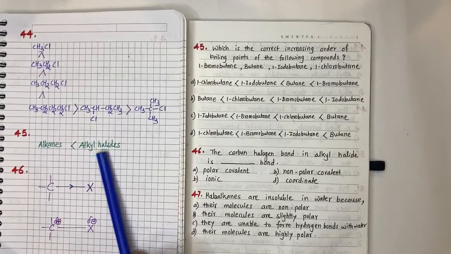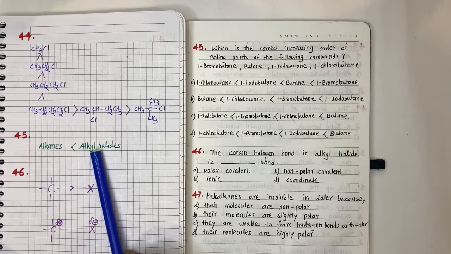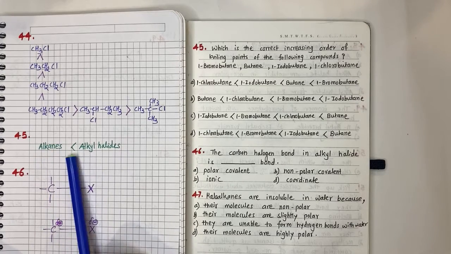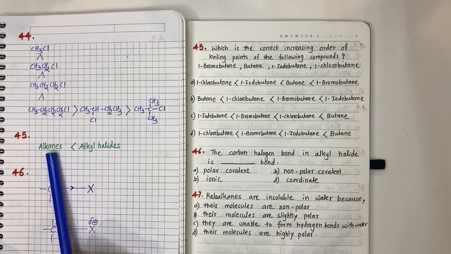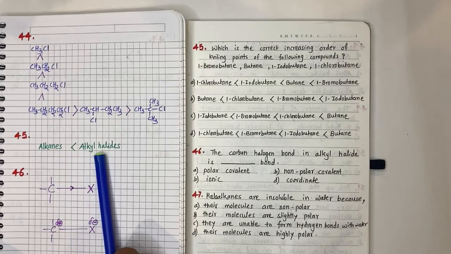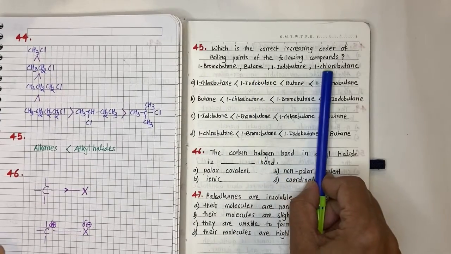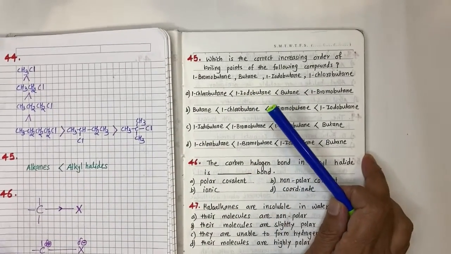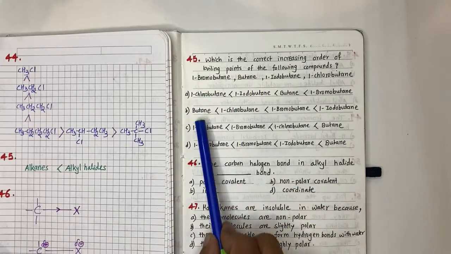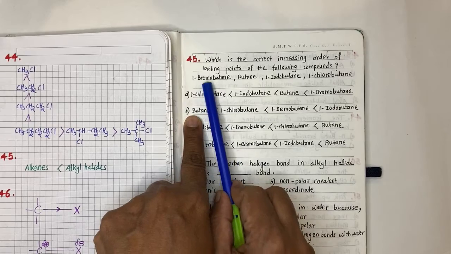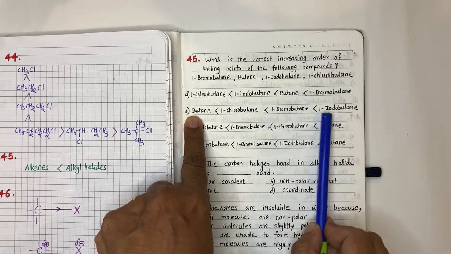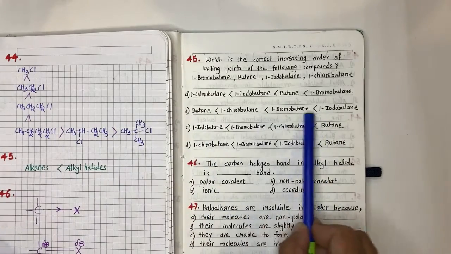Alkyl halides have higher boiling points than the corresponding alkanes due to more mass and more polarity. Therefore, in these four, butane has the lowest boiling point. Now find out that one here. Next, out of these, iodobutane has the highest boiling point, therefore here. That is, this is the answer.